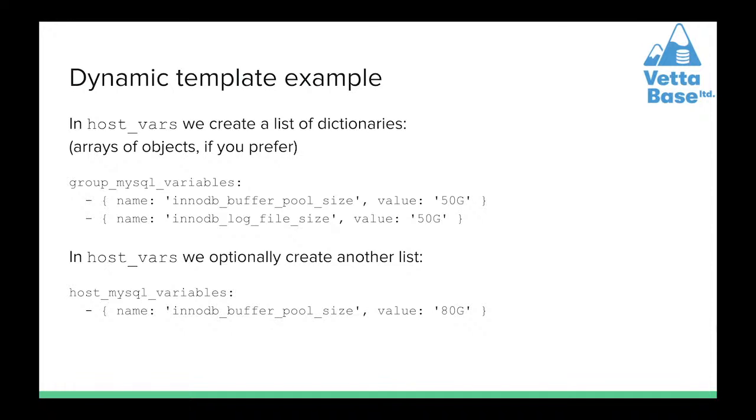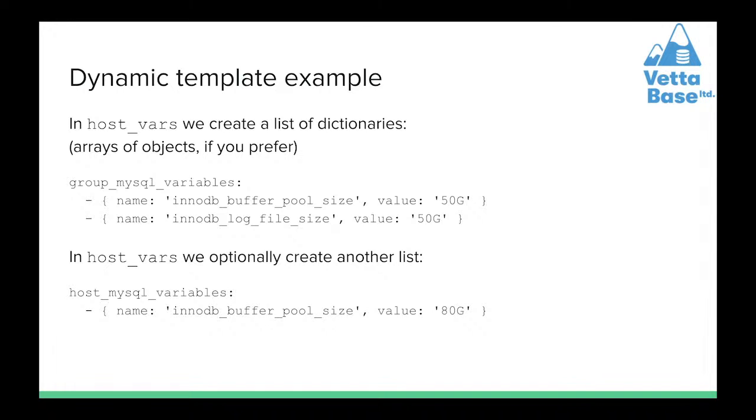So here is a better way to make a template, in my opinion. Not everyone uses this technique, but this is something I really suggest. So in host vars, in the files of the variables, we can create a list of dictionaries, okay?